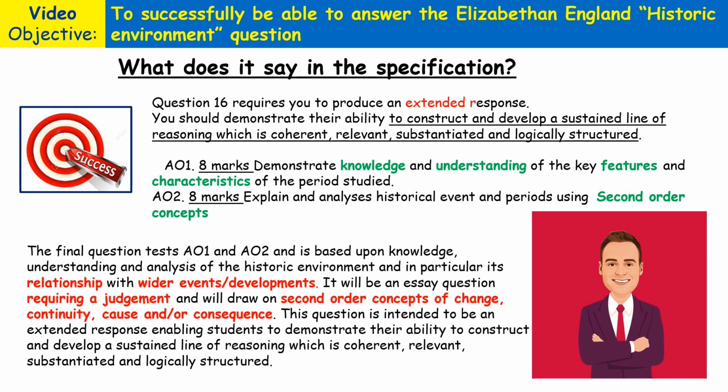Now, in terms of the marks, it's broken into two assessment objectives. Assessment objective 1 is worth 8 marks. For these marks, you need to demonstrate knowledge and understanding of the key features and characteristics of the period studied. So with the Sheffield Manor Lodge historic environment case study, you need to show specific understanding of Mary Queen of Scots' imprisonment in Sheffield Manor Lodge and also about what was happening at the time.